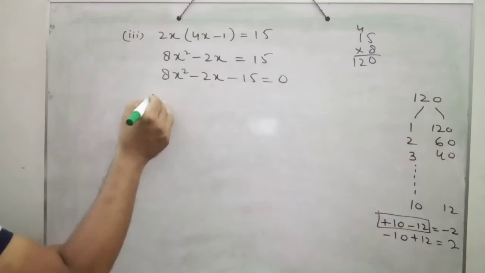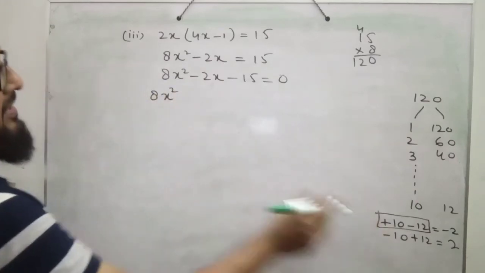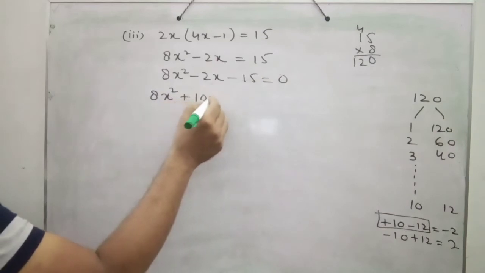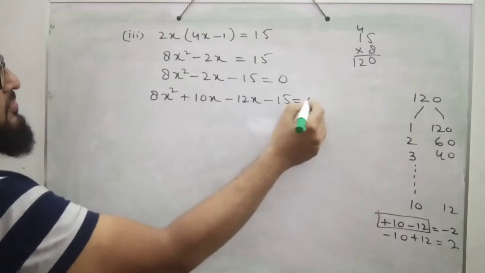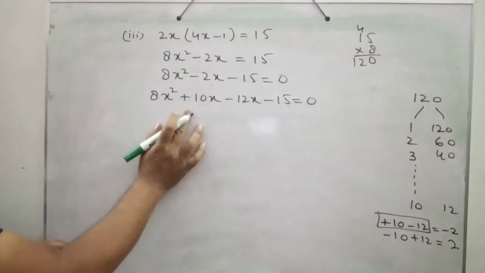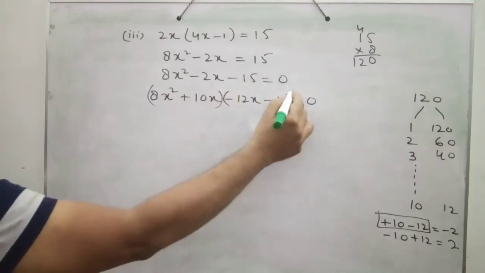So the first term is 8x squared, and then you put this factor, so here's a plus 10x and then minus 12x minus 15 equals 0. You want to take the common from here, so put brackets.